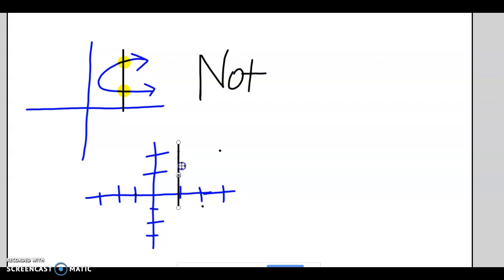So that's why it's not a function. This point's okay, that point's okay, but if we have any place on our graph of points where 2 of them cross the same vertical line, then it's not a function. So again, this one would not be a function.